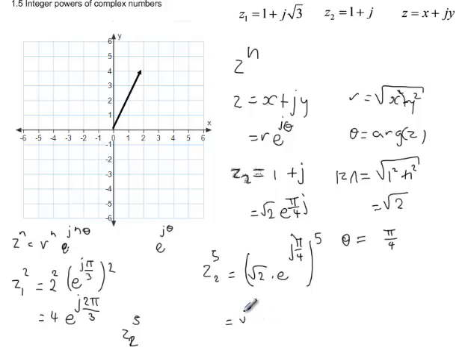It will be square root of 2 squared, squared, multiplied by square root of 2. Then that side will be e^(j 5 pi over 4). This gives you 2, then you get 2 square root of 2, isn't it? No, 4. 4 square root of 2.